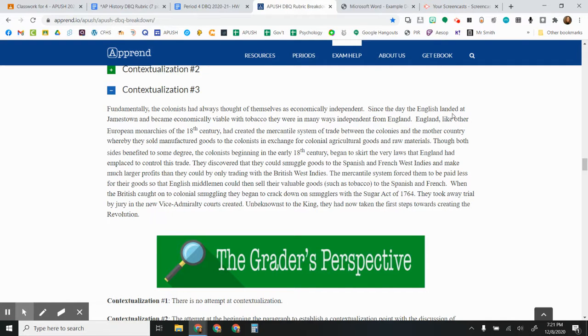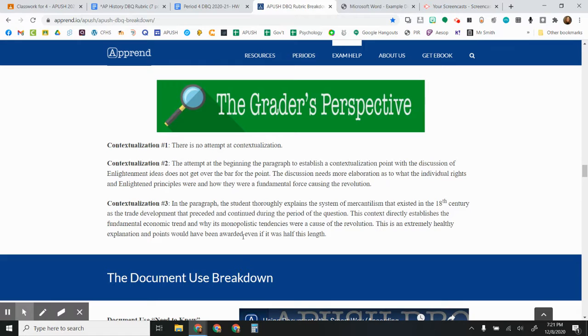Okay, lovely contextualization. Here it says, in the paragraph, the student thoroughly explains the system of mercantilism, the trade development that preceded. Now remember, if you remember this person's thesis, it was all about how the economic issues were the ones that really drove the revolution.